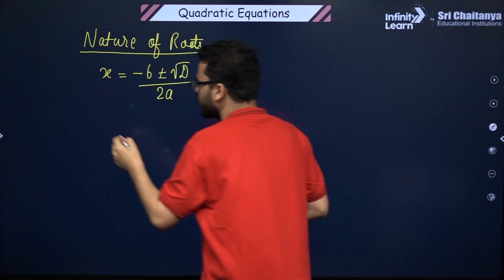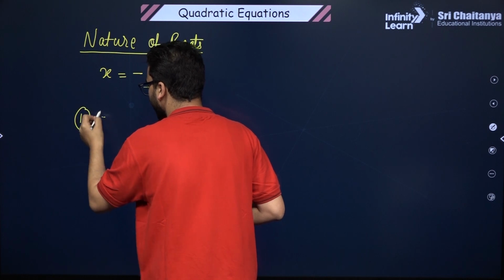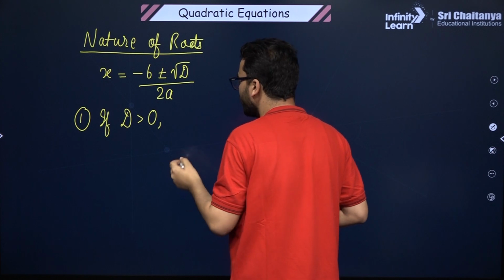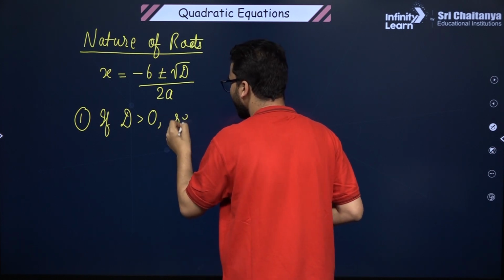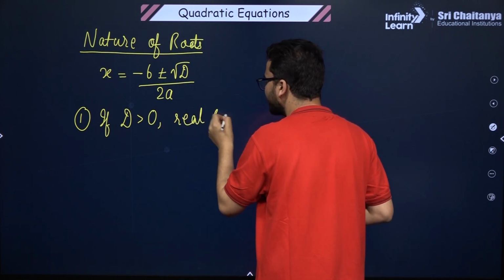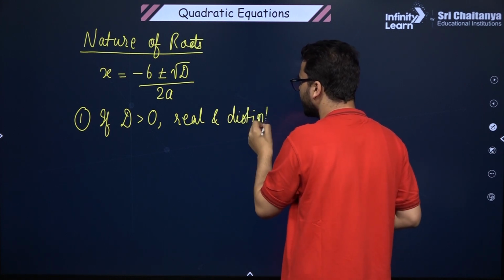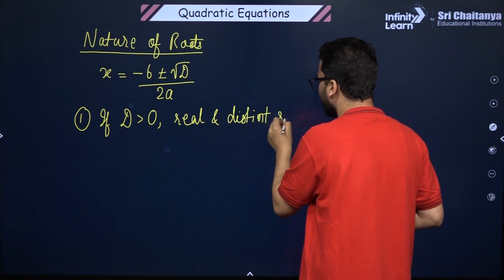Okay, so three things are there. If discriminant is greater than 0, then you have got real and distinct roots.